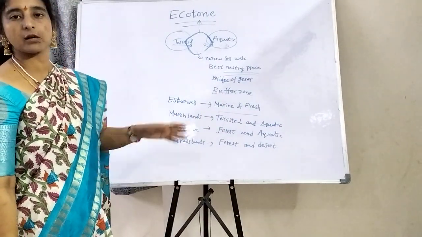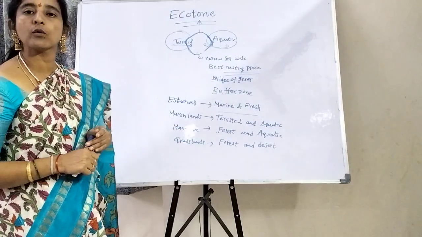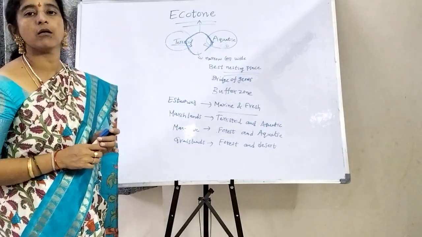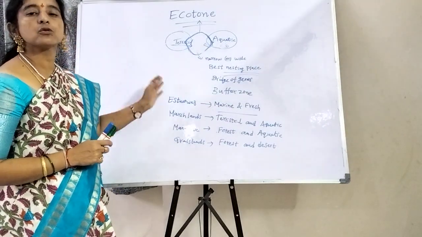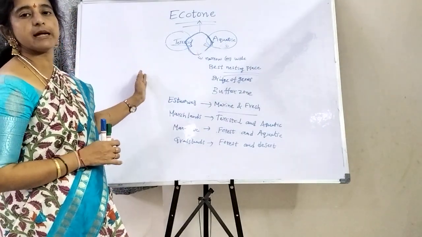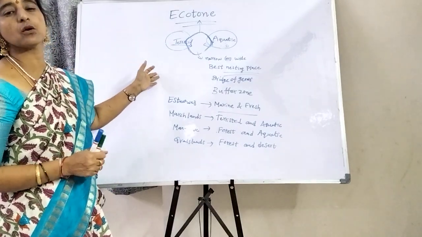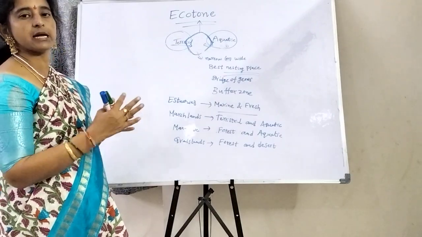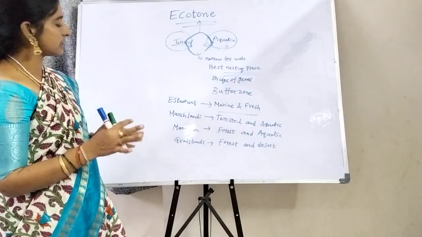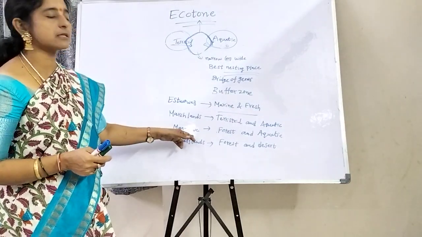That is a mangrove forest. For example, the Koringa river near Kakinada, where there is a bay with water in transition between the Koringa river and the forest. That is the mangrove forest, and that area is known as mangroves.